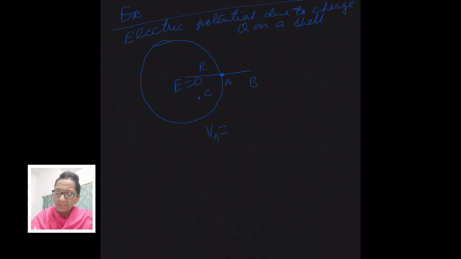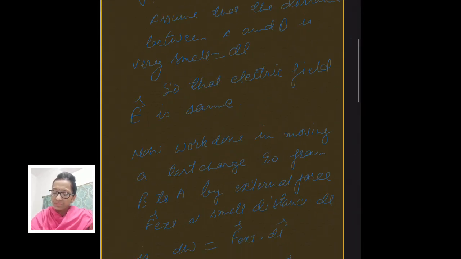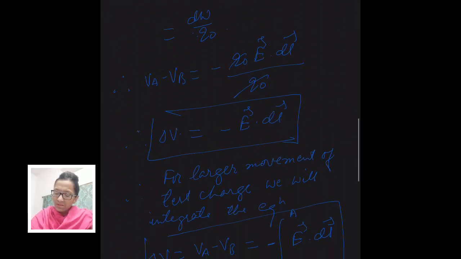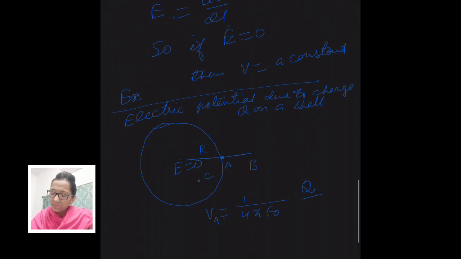VA from the formula is 1 upon 4 pi epsilon naught Q, where the charge can be supposed to be centralized at the center, upon the distance, which is R only.